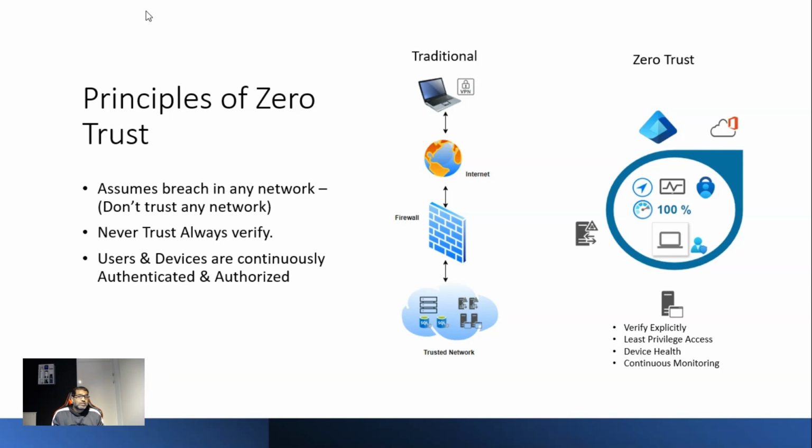And last but not the least, you should also have continuous monitoring in place. You see the circle present on the right. There should be continuous monitoring in place. The device health needs to be perfectly fine, and the user identity needs to be verified with second factor authentication or any type of modern authentication, like passwordless or certificate based authentication.